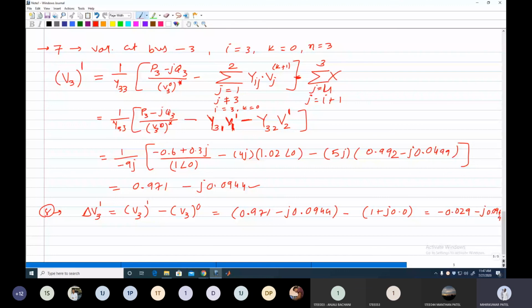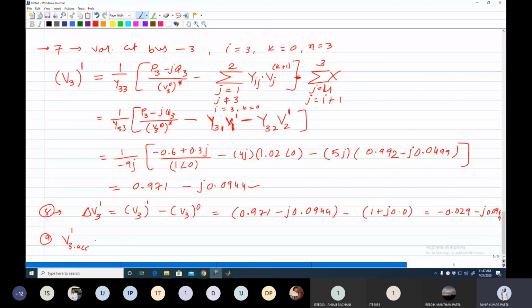Now, what is the last step? You have to just calculate the accurate value, means step number 9, for voltage at bus number 3. So we'll write the equation for V31 accurate. Just recall the previous one.